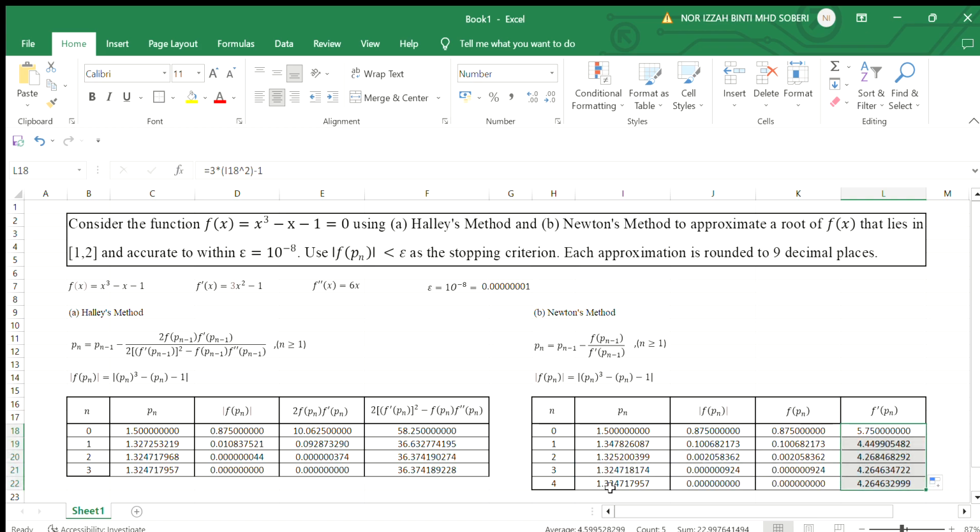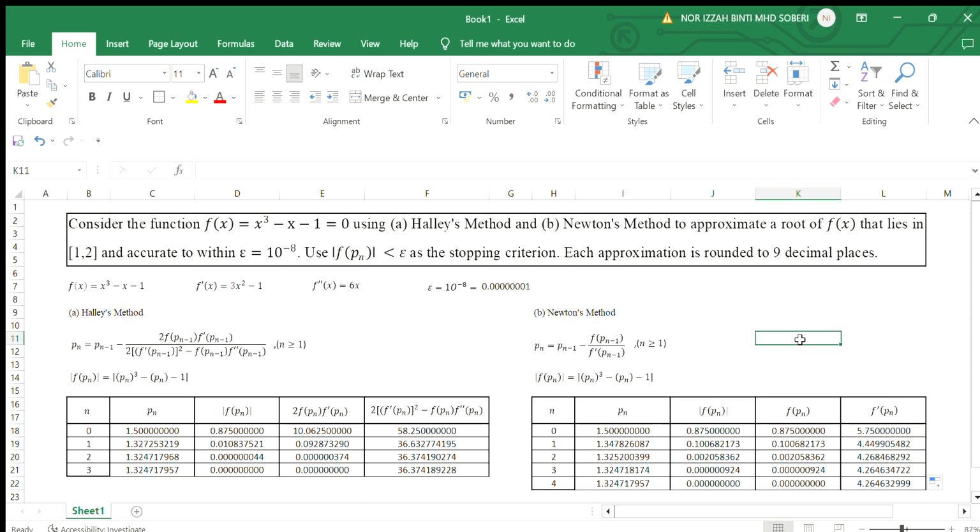So we get everything, and we stop when it reaches iteration 4, because at iteration 4 our stopping criterion equals 0, which is less than epsilon. So we stop.